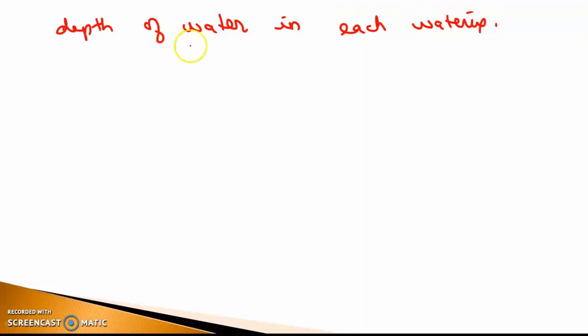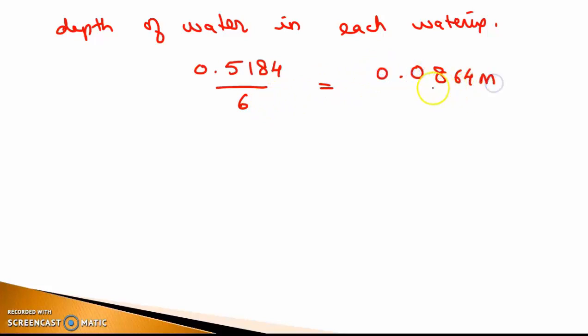So, to find the depth of water in each watering, we'll simply divide 0.5184, that is the total depth of water, by the number of waterings, that is 6. So, we'll get the answer as 0.0864 meter.